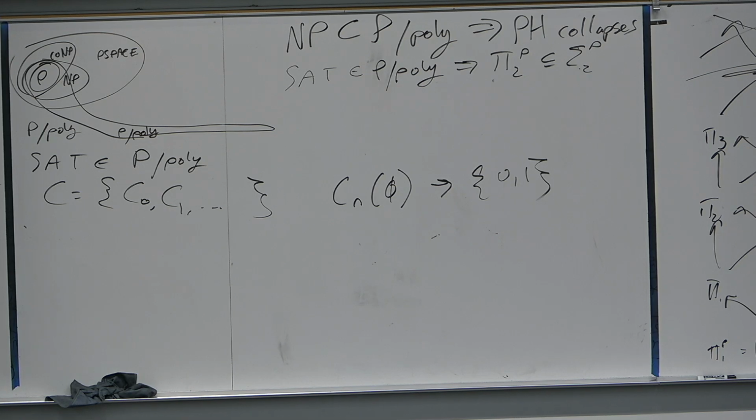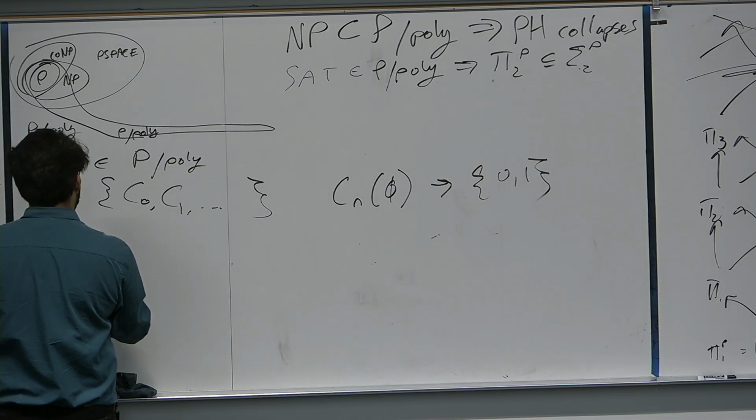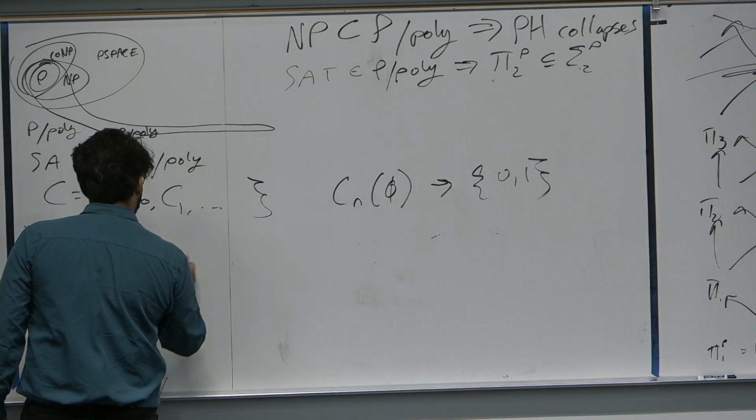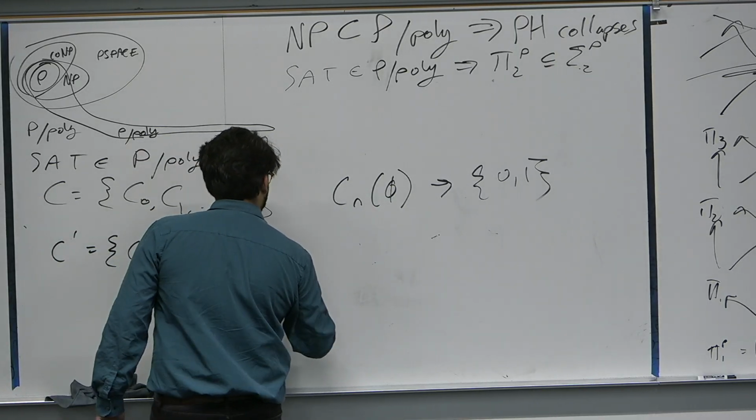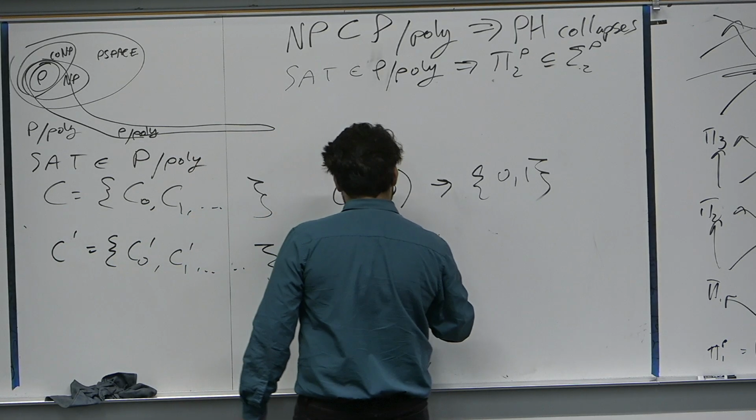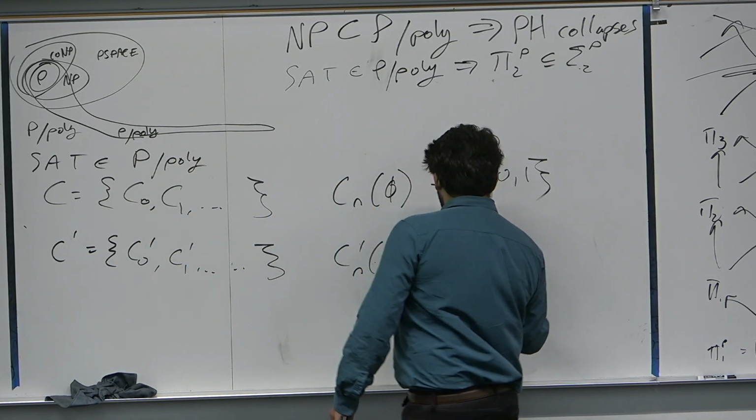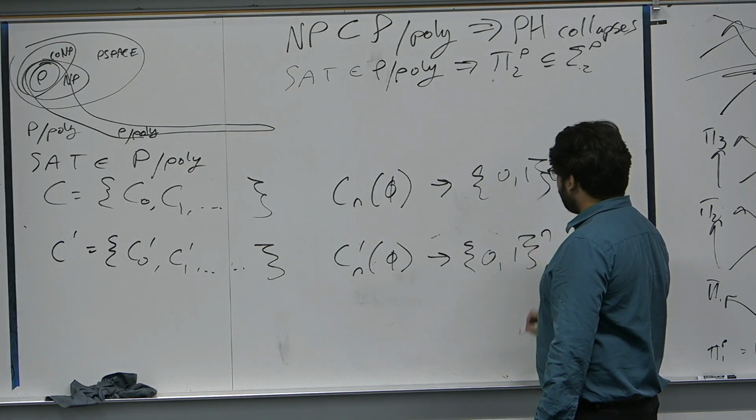I claim that if there exists a decision circuit for SAT, there exists a search circuit for SAT, C prime, such that C prime on phi outputs the actual satisfying assignment.